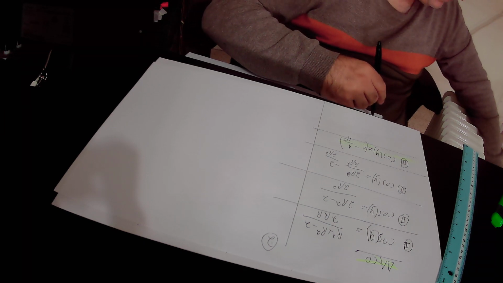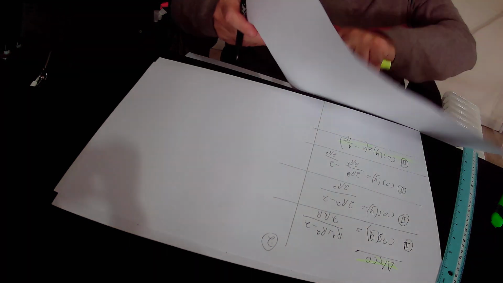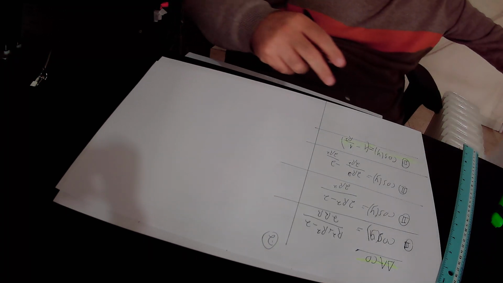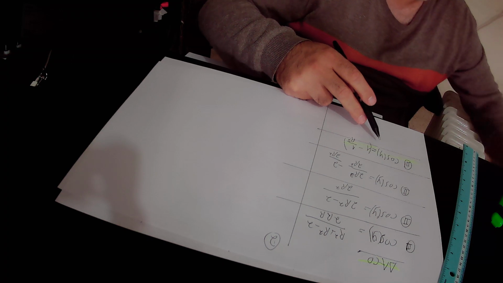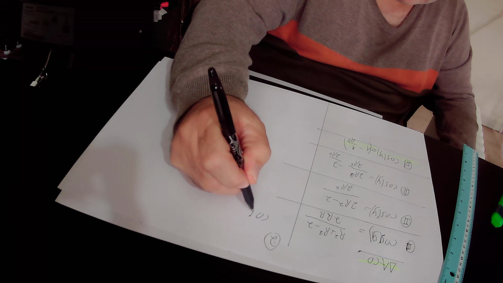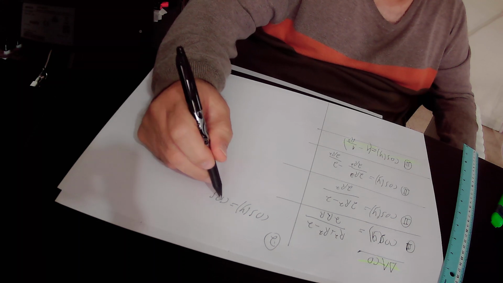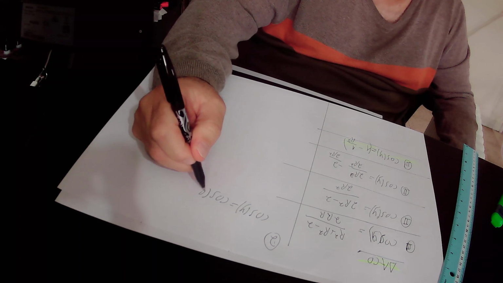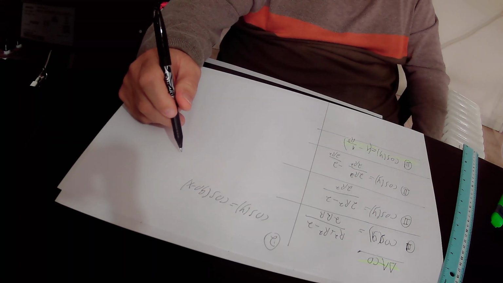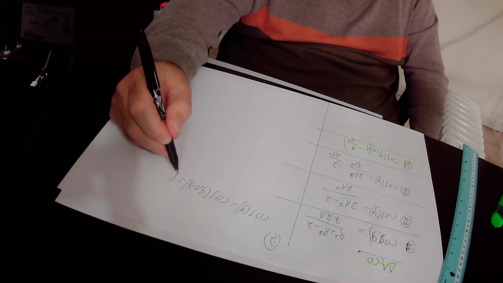So here we have found that y equals 90 degrees minus x. So we substitute y in equation number 2 by 90 degrees minus x, and we get that cosine y is cosine of 90 degrees minus x, and cosine of 90 degrees minus x equals sine x.